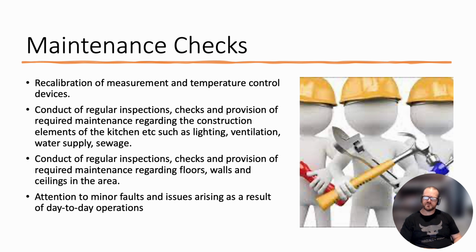There are 3 generic examples of maintenance that need to be addressed in a commercial kitchen. Maintenance means maintaining, which means doing it all the time. Recalibration of measurement and temperature control devices is important. Regular inspections, checks, and provisions of required maintenance regarding the construction elements of the kitchen: lighting, ventilation, etc. Certainly the fixed points as well, like floors, walls, and ceilings, should be monitored regularly.